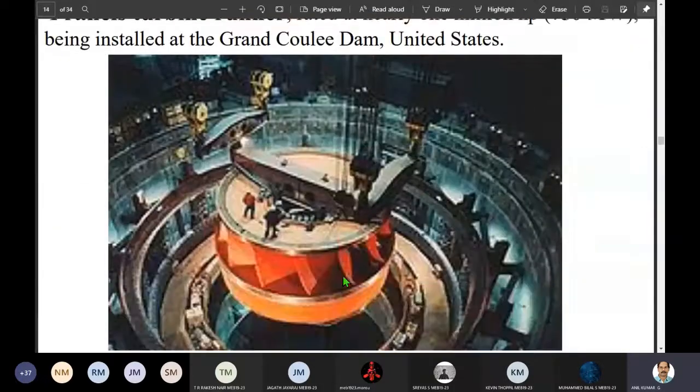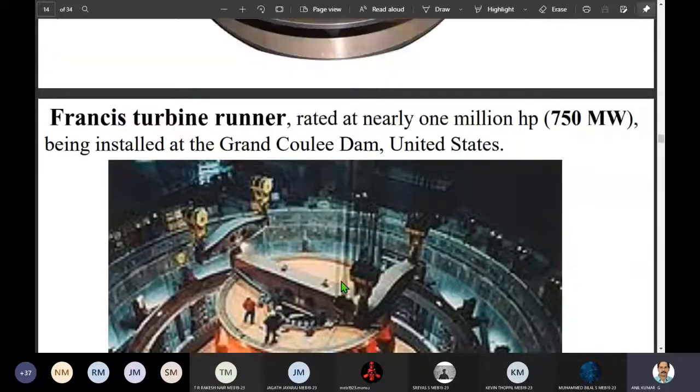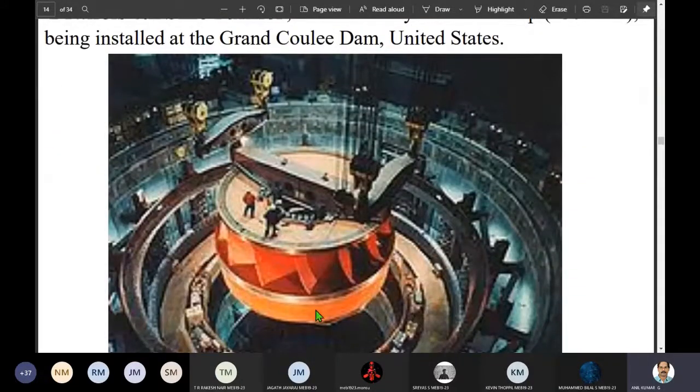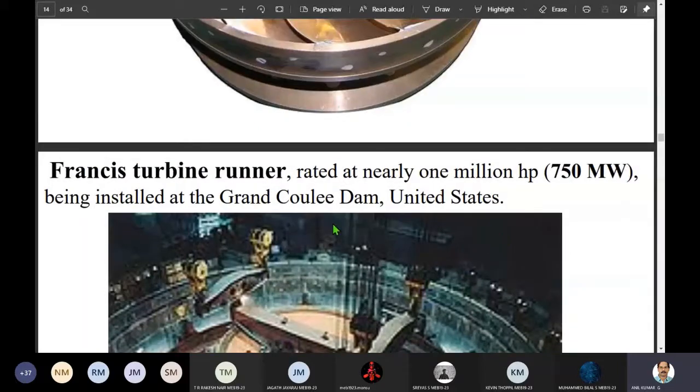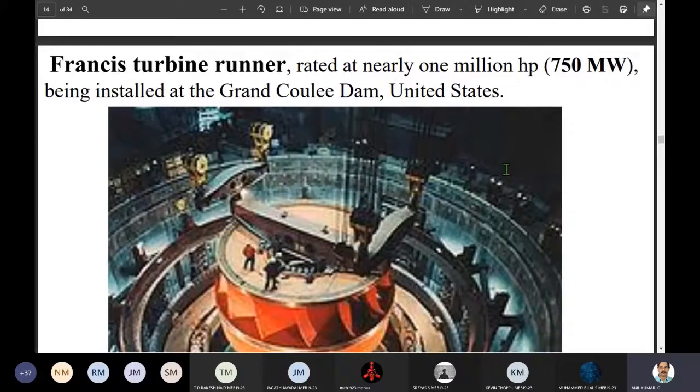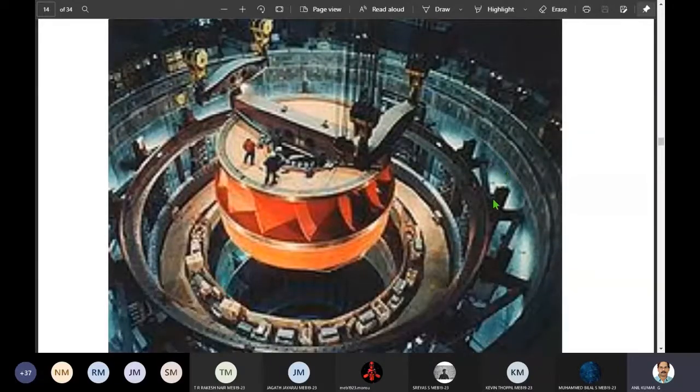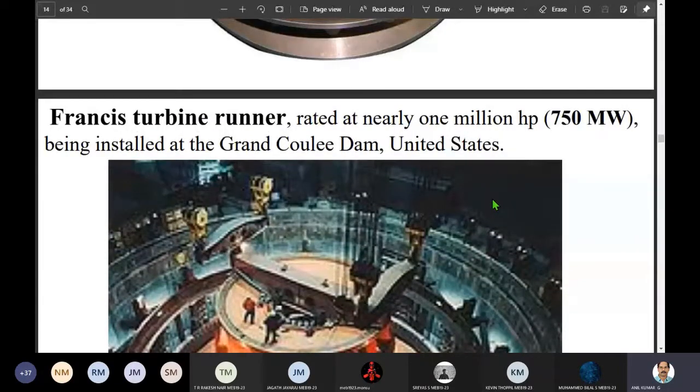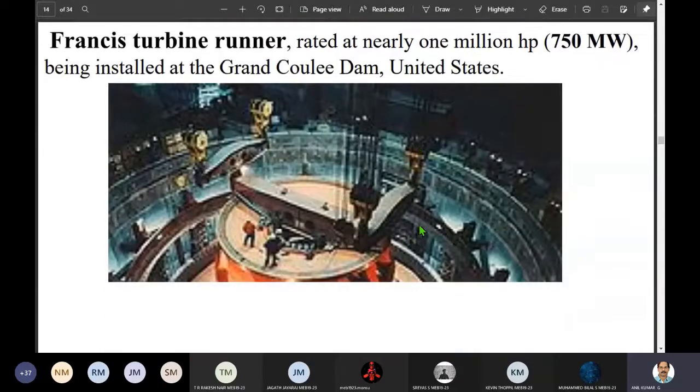The shaft position is vertical, and this is actually an installation of a Francis turbine runner in Grand Coulee Dam in the US, a 750 megawatt, 1 million HP hydroelectric power station. See, the world's largest that is operated is in China, installed in 2009, in the Three Gorges Dam.